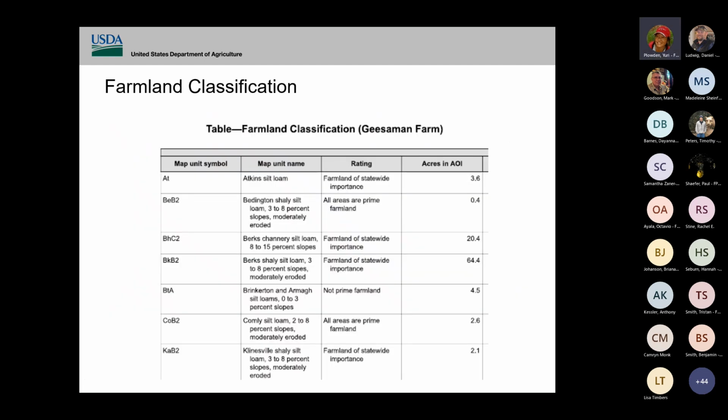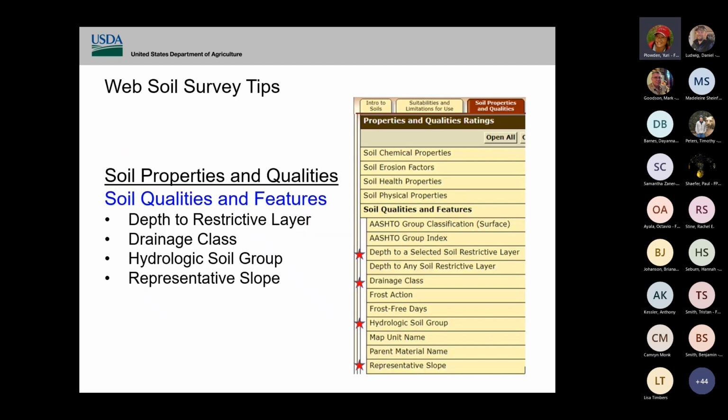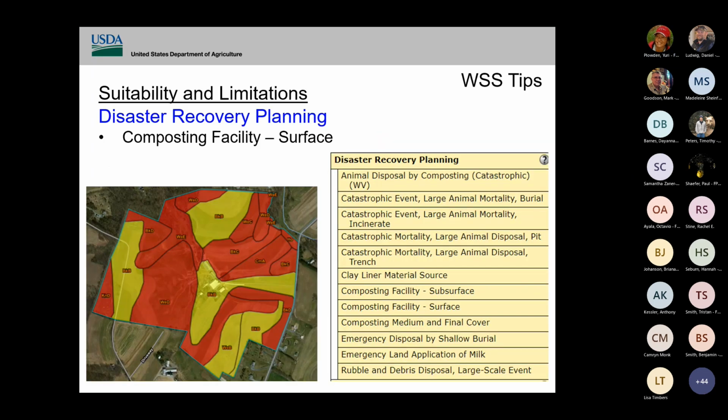And so you can get a map, you can get a table. This is a very useful table. You can get your hydric soils map and a bunch of other reports. So basically the rest of this is just showing different reports that are available. There's soil health properties that are now available. This was composting facility.